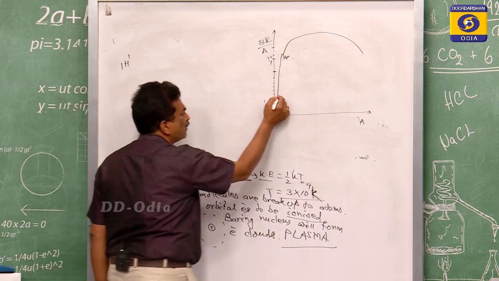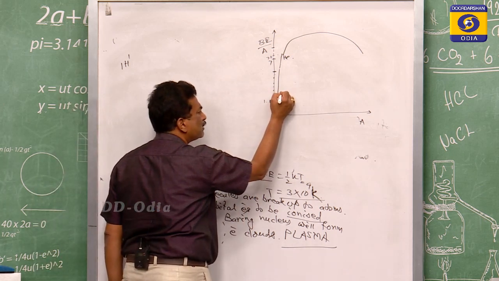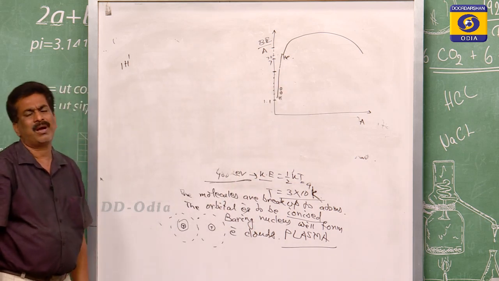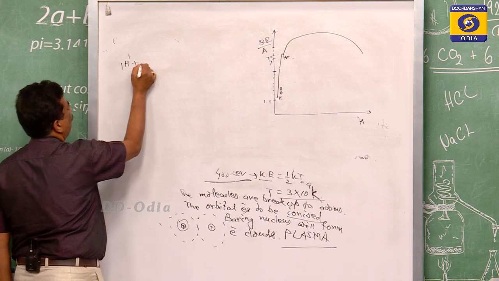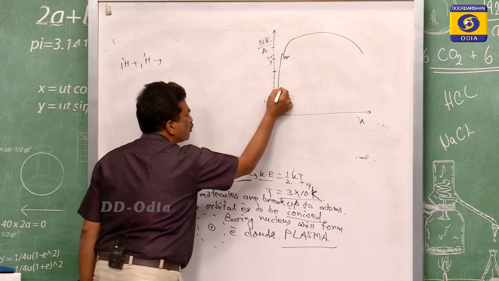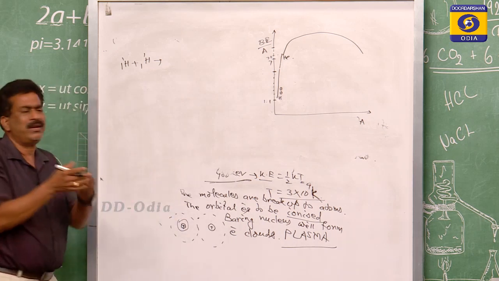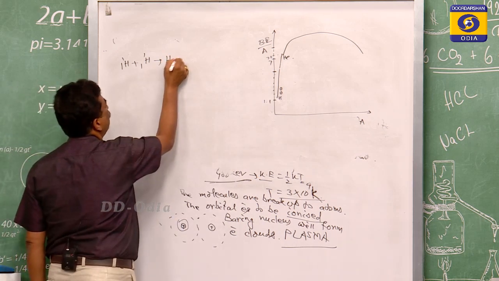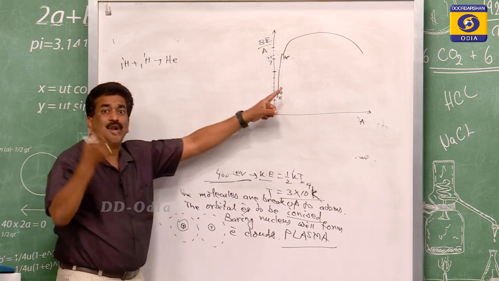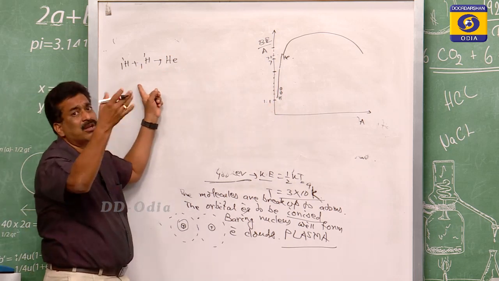So how many hydrogens have we taken? Two hydrogens, means two hydrogen nuclei: 1H1 and 1H1. So these two on combining will give you helium by further processing.